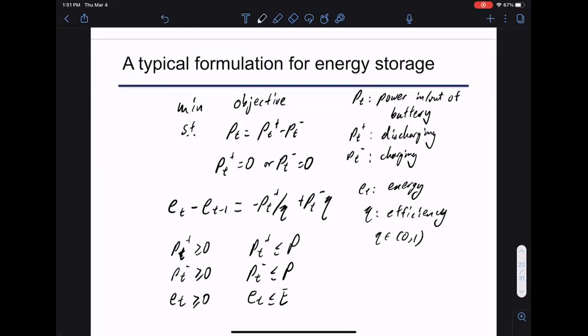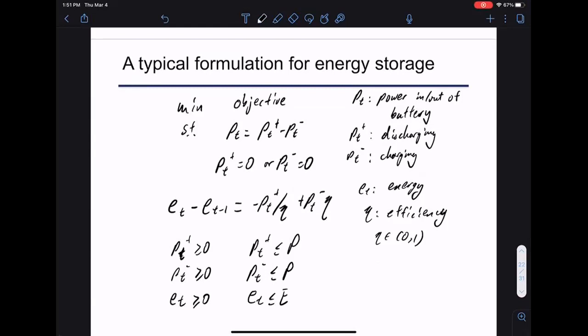So when you write this into power system operation problems, it looks like this. The optimization problem comes down to something like this.